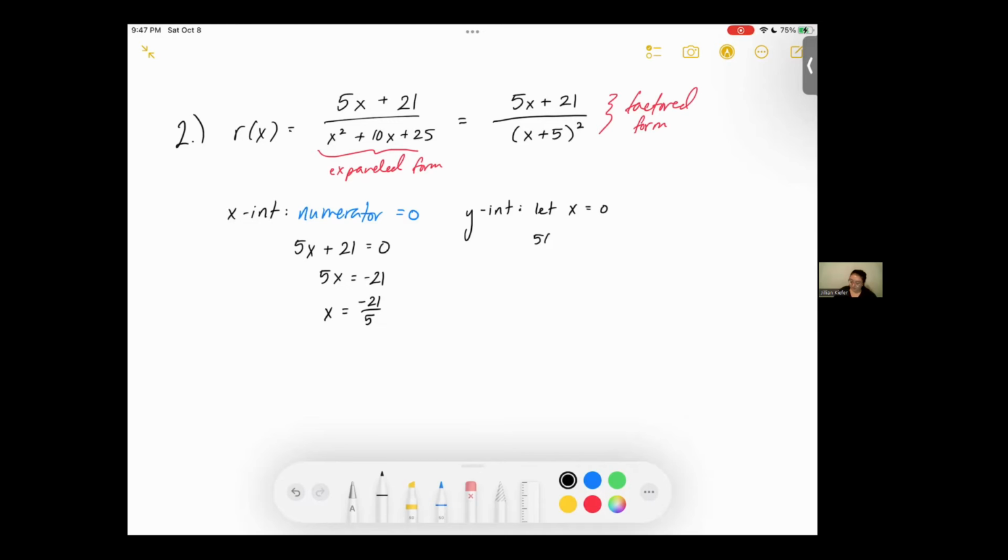So we're going to have 5 times 0 plus 21, and then 0 squared plus 10 times 0 plus 25. So 5 times 0 is 0, plus 21 is 21. 0 squared is 0, plus 10 times 0, which is 0. So 0 plus 0 is 0, plus 25 is 25. And there's our y-intercept. The y-intercept is going to be 21 divided by 25.